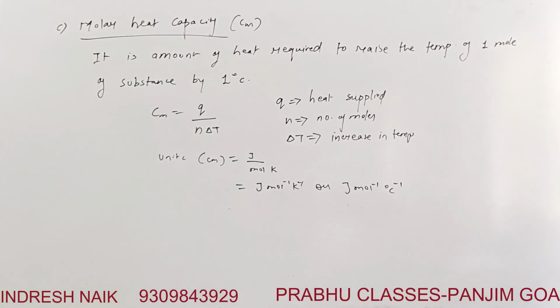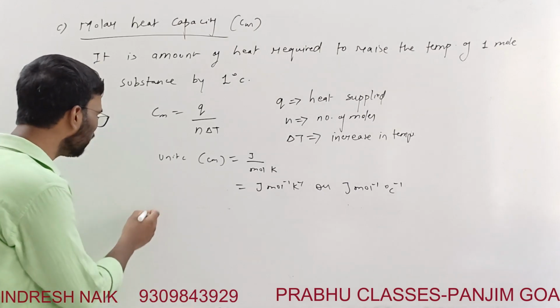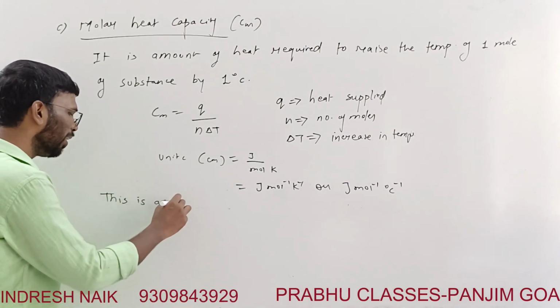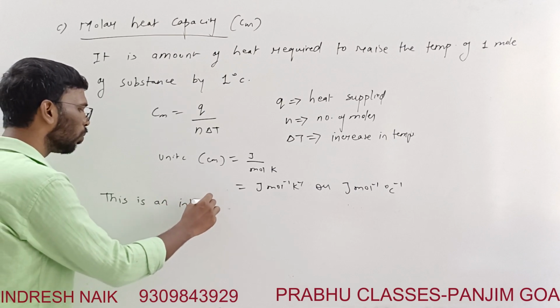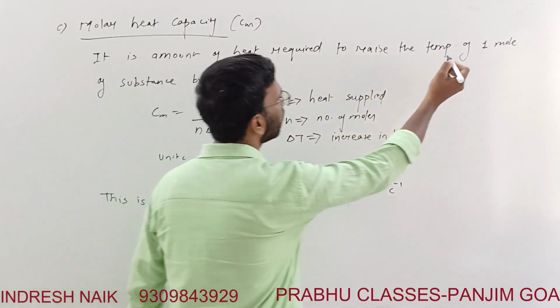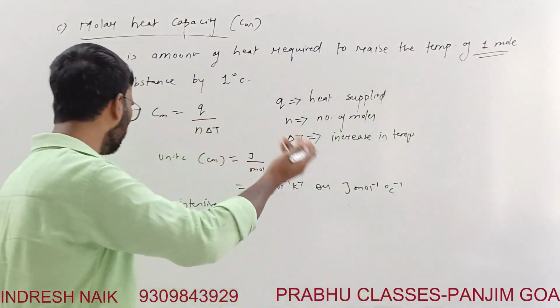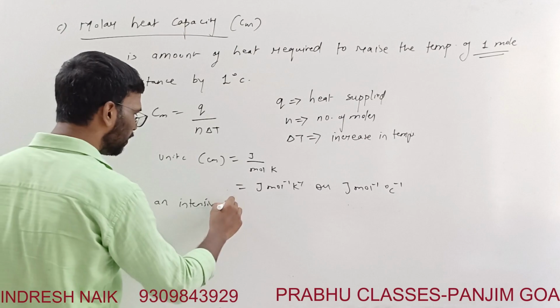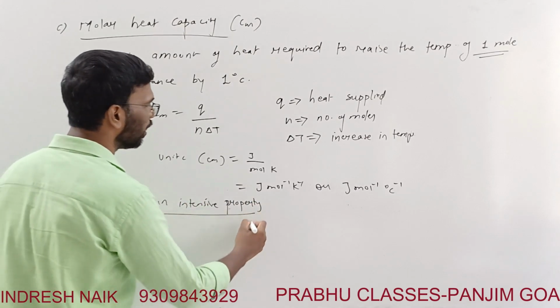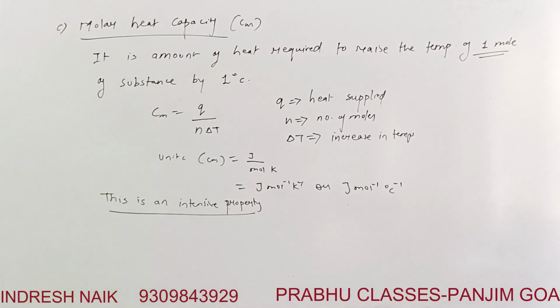Now if we think about whether it is an extensive or intensive property, this is an intensive property. Why? We have defined it for 1 mole. It is specific for 1 mole. Whatever the substance, we are defining it for 1 mole only. That's why it is an intensive property.